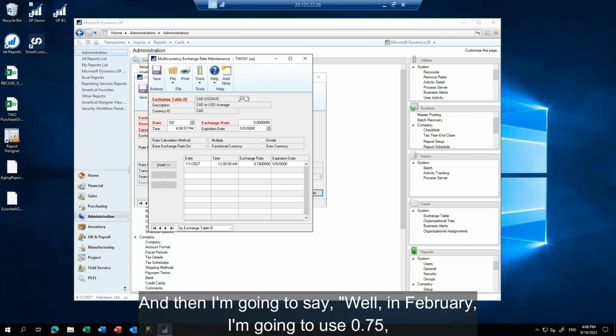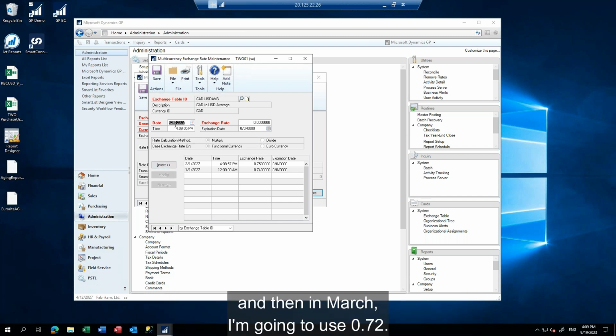And then I'm going to say, well, in February, I'm going to use 0.75. And then in March, I'm going to use 0.72.